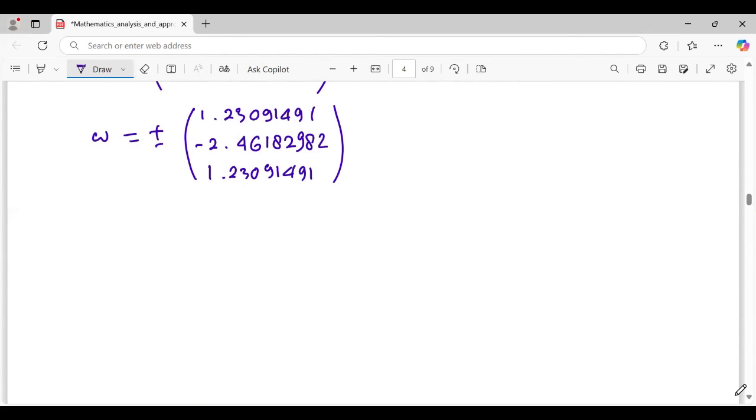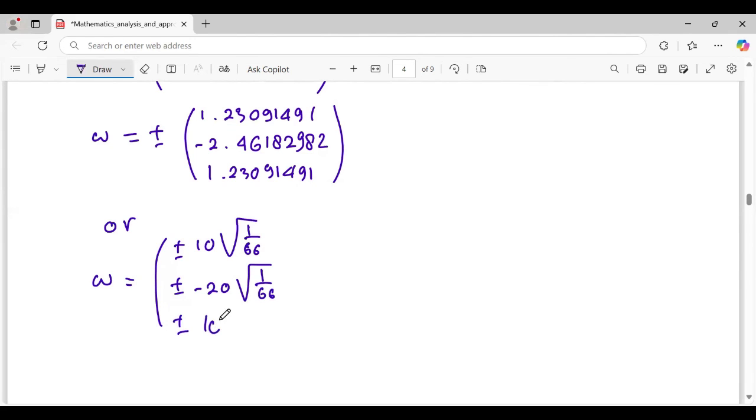Or I would like to write in fraction version, like this, plus or minus 10 square root of 1 over 66, then minus 20 square root of 1 over 66, plus or minus 10 square root of 1 over 66.